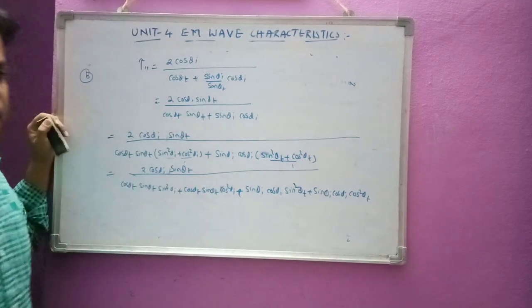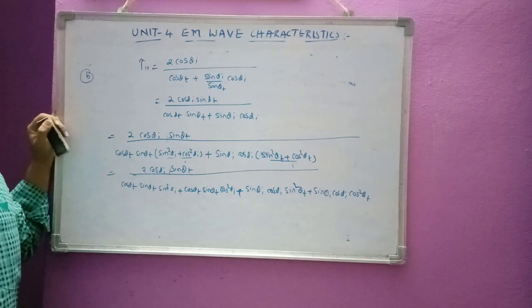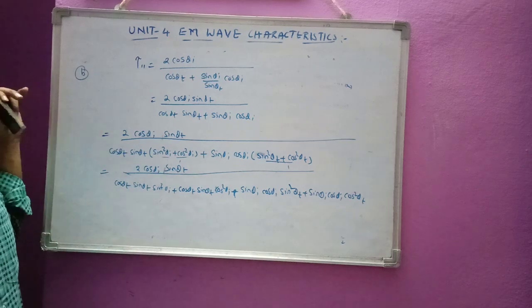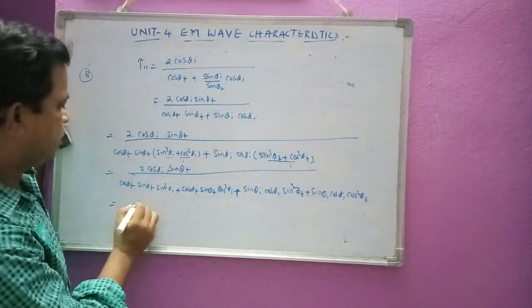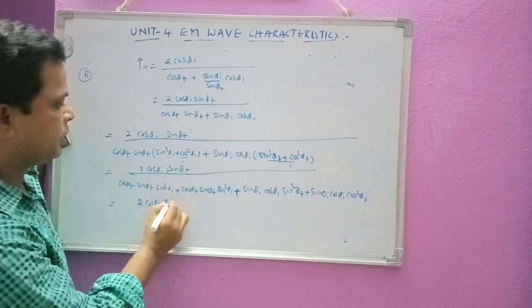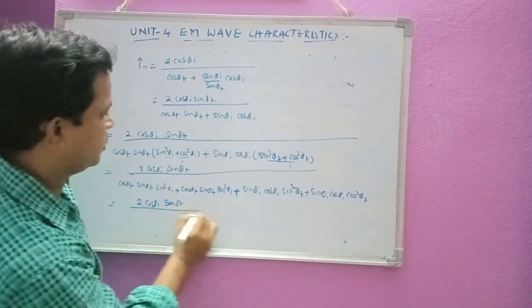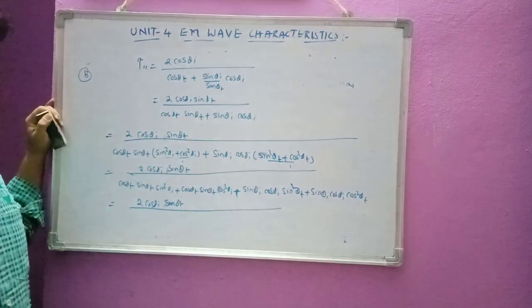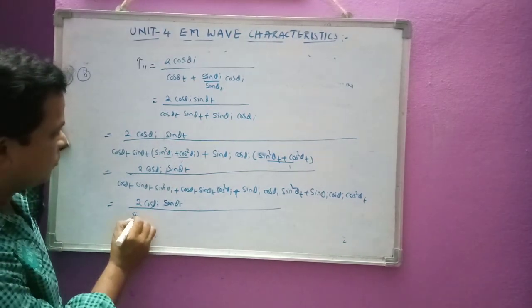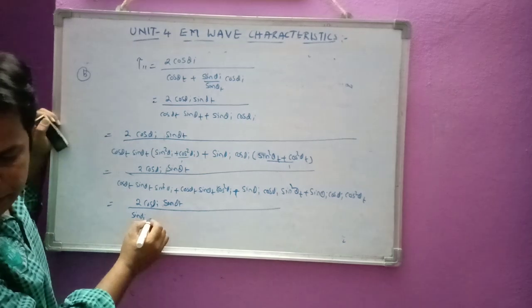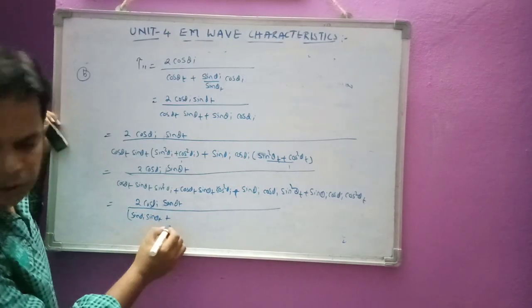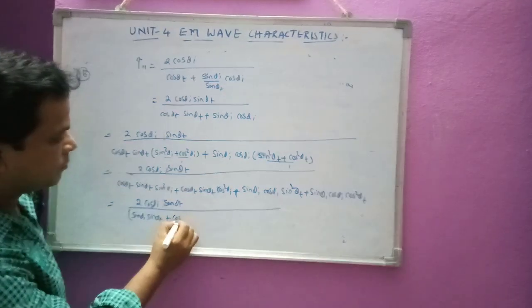Now I have to take the common terms from this equation. So this value will change to like this: 2 cos theta I sin theta t. If I take the common terms here, I can get like this: sin theta I sin theta t, I will write here directly, plus cos theta I cos theta t.